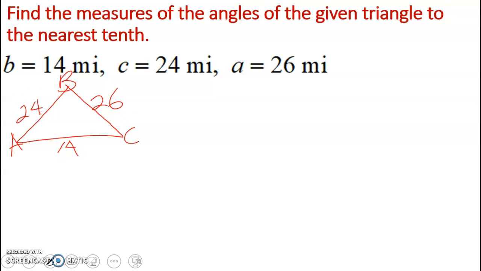And so since we know those sides, set up our equation. We can begin from wherever you want, but we are looking for all three angles anyway.